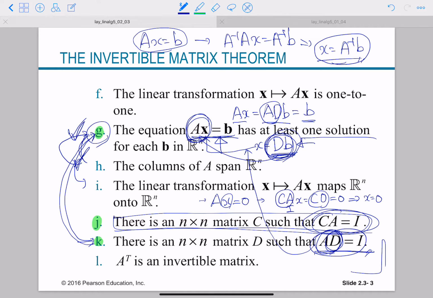Because the range of the transformation defined by Ax is the span of A1 through An, and onto means this completely covers our codomain R^n. Okay, so G, H, I are all equivalent, right?